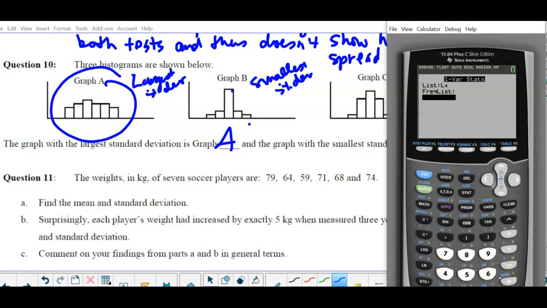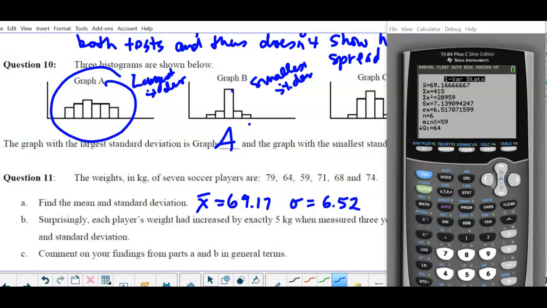Okay, so that's what you need to do for that one. So mean is 69.17. Standard deviation is 6.52.